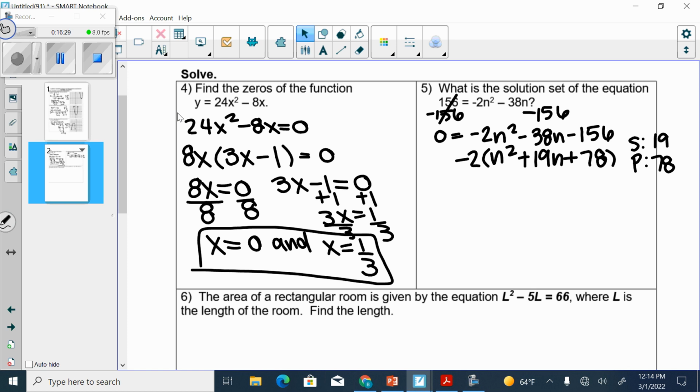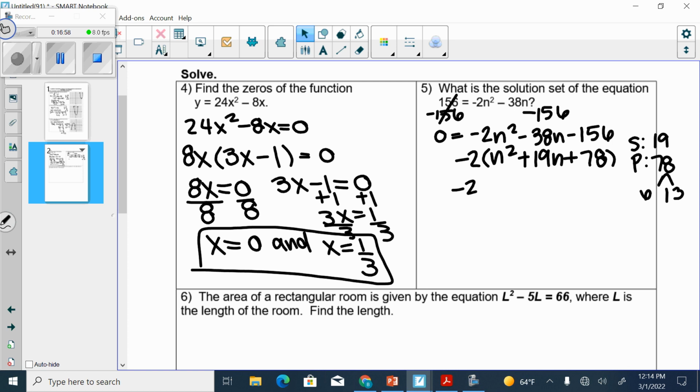Does 4 go into 78? How many times? Okay, and will those two numbers give me 19? 13 and 6. The next even number would be 6. And like he said, 6 times 13 would give us 78, and 6 plus 13 is 19.